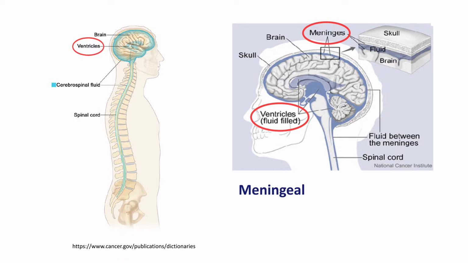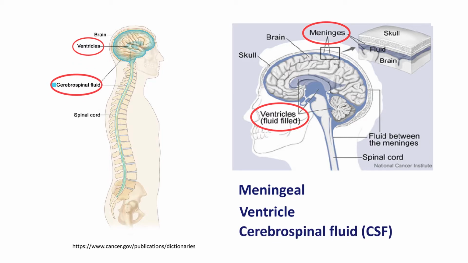This space is also connected to the spaces inside of the brain, called ventricles. These spaces are filled with fluid, called cerebrospinal fluid. This helps cushion the brain from injury and helps provide nutrients. We also call cerebrospinal fluid CSF.